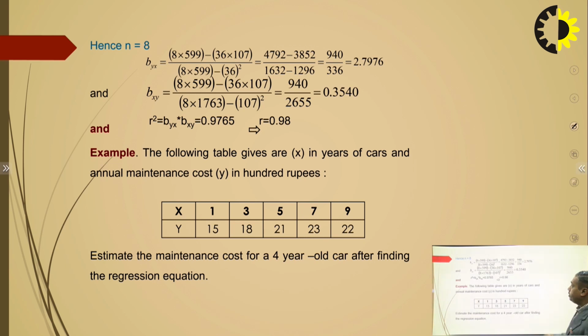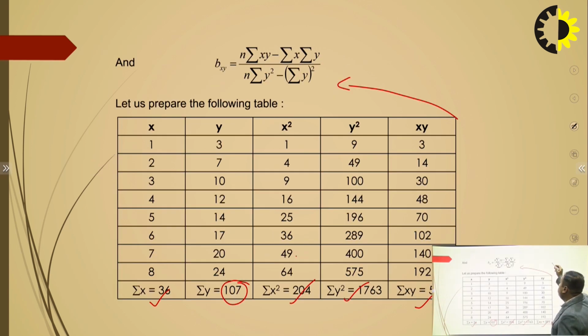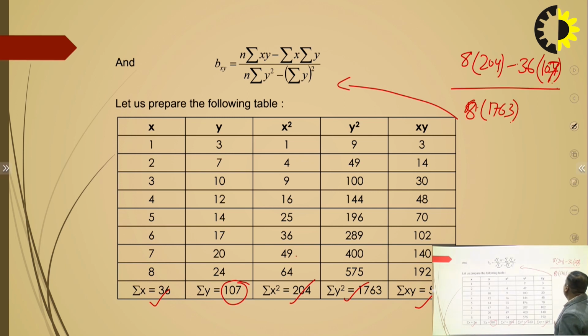For byx, n is equal to 8, and putting the values: n summation xy, where n is 8 and summation xy is 599, minus summation x, 36, into summation y, 107, divided by n summation x square minus summation x whole square.